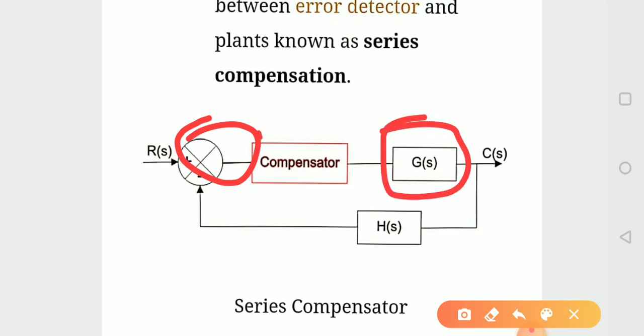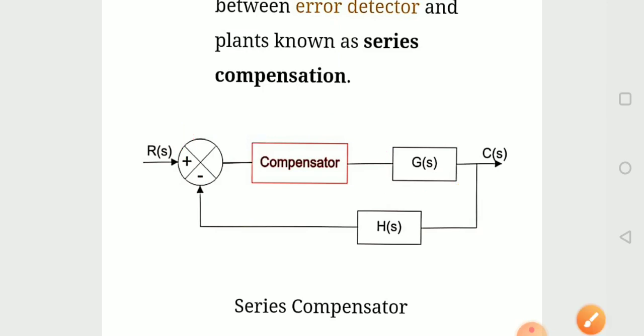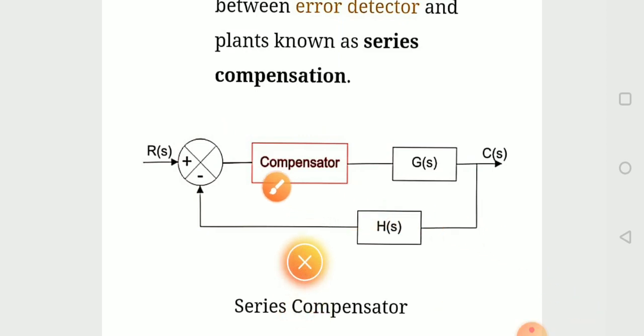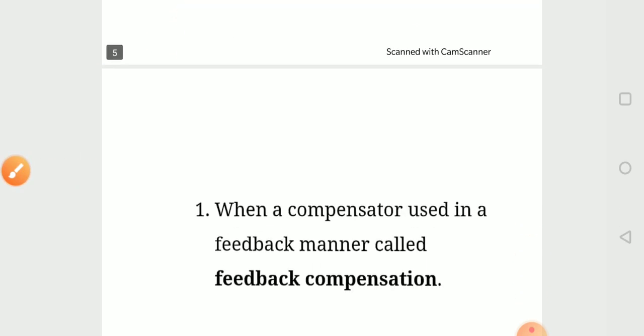When we connect a compensator network between the error detector and the plant, it is the series compensator. Here the compensating network is inserted into the forward path.